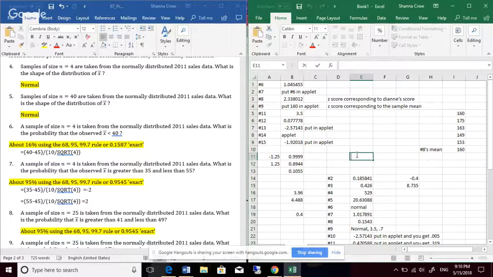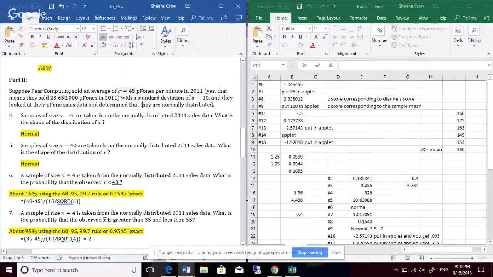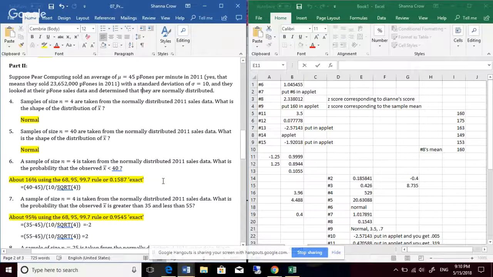What's the mean? The mean is up at the top, I think. So the average of 45. Okay, so 40 minus 45 divided by 10 divided by the square root of 4. Right? Yep.